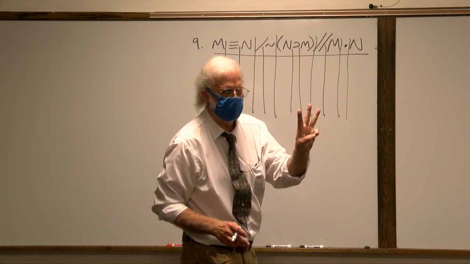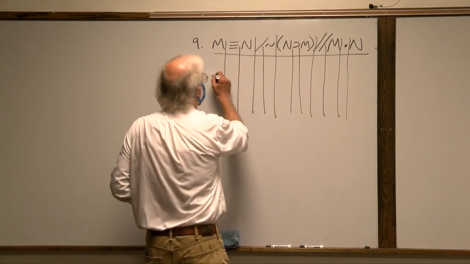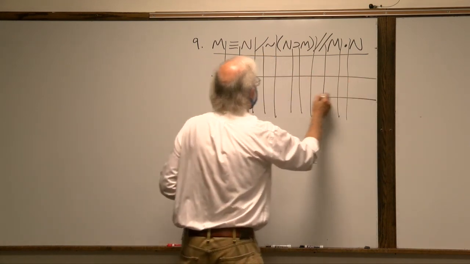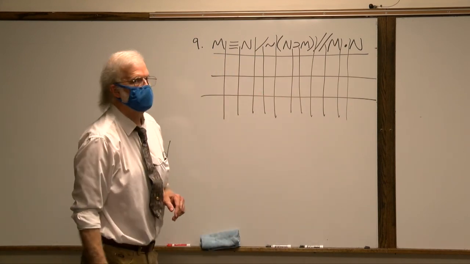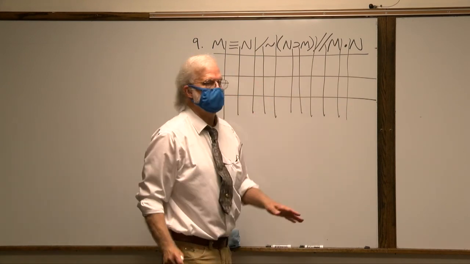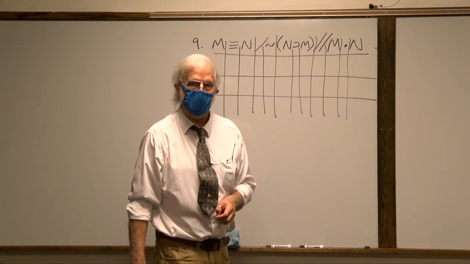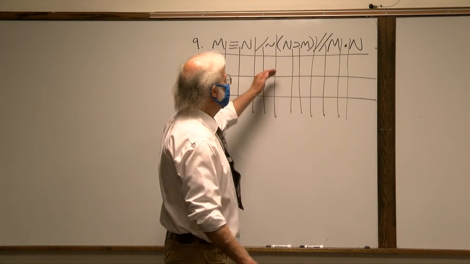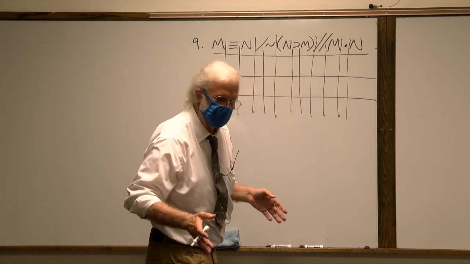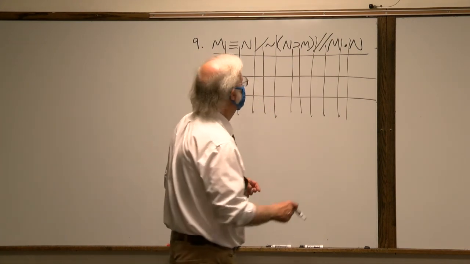Answer, 3. There are 3 different ways for a dot to be false. So we're going to set up 3 rows. Good news, we may not need them all. Bad news, we might need them all. But we're going to set them up so we at least remember we might need to check 3 rows.